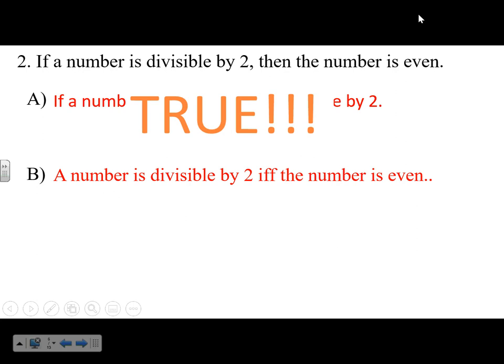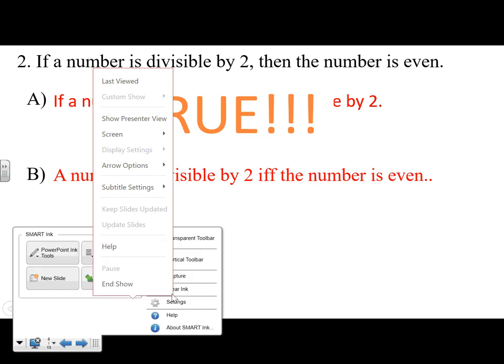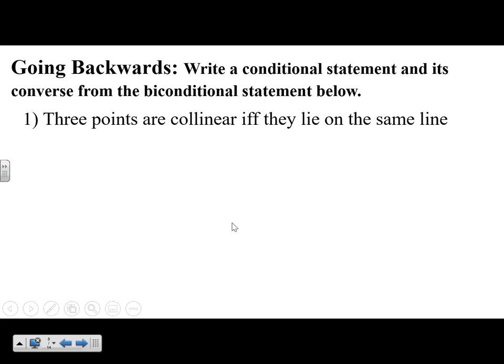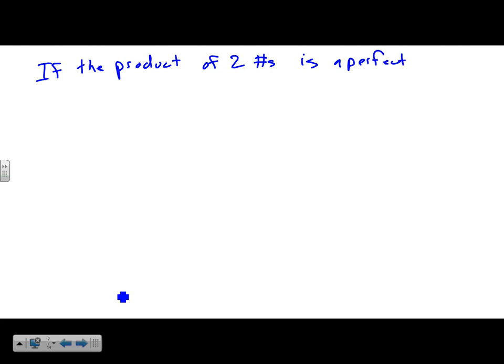Now, before we go on, one of the ones that I changed, which is not on your notes, says: if the product of two numbers is a perfect square, then the two numbers are identical.